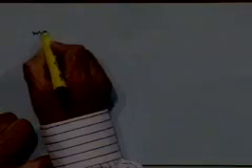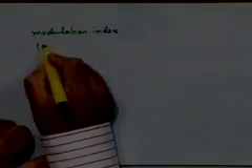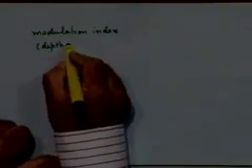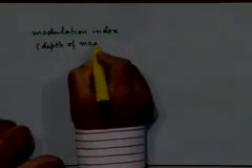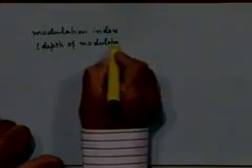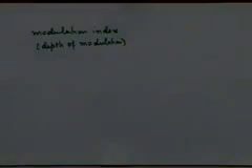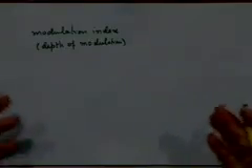So we define a parameter which is called the modulation index, or depth of modulation, which indicates whether the waveform touches or does not touch.